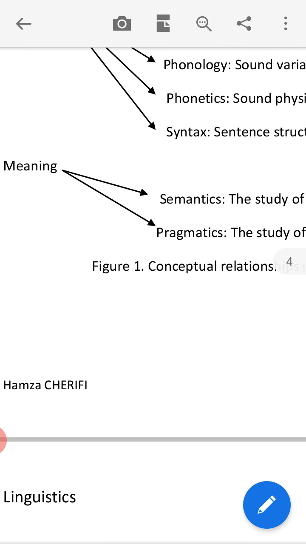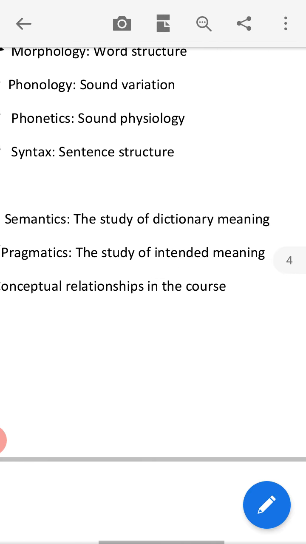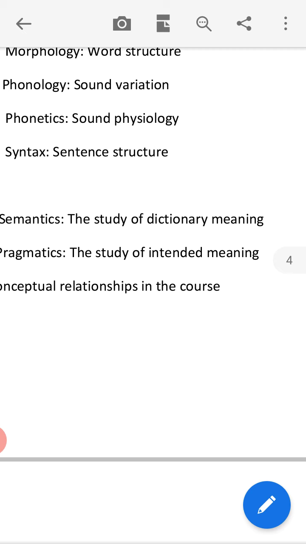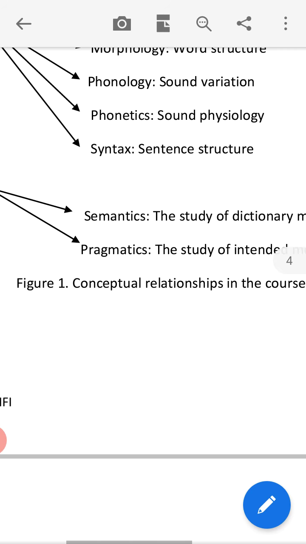Now, the third main chapter, which is about meaning, covers semantics and pragmatics. Semantics is the study of dictionary meaning, a kind of meaning which is conventional, frequent, and established by common sense.